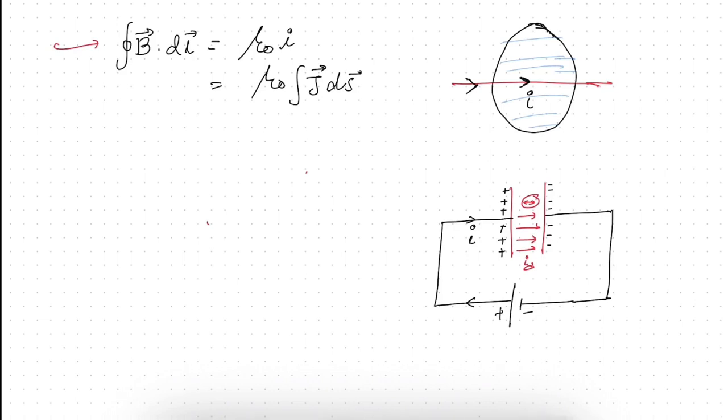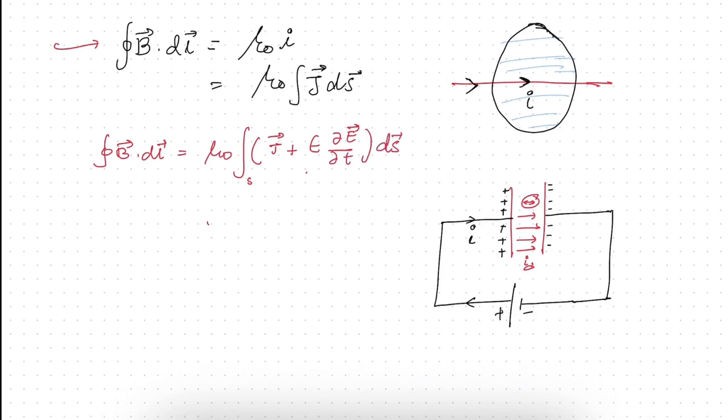He said that there must be another term, so the line integral of B dot dl equals mu naught times the surface integral of J plus epsilon naught del E by del t, dS.